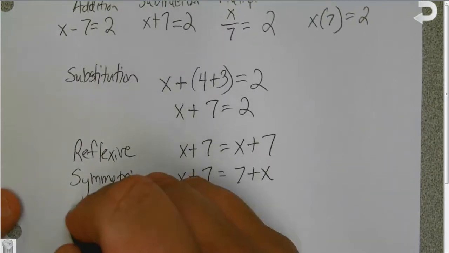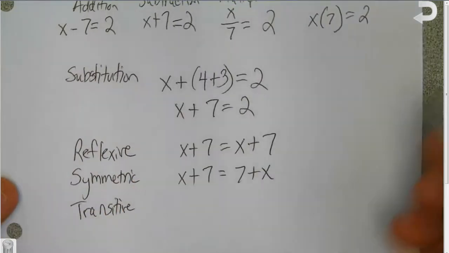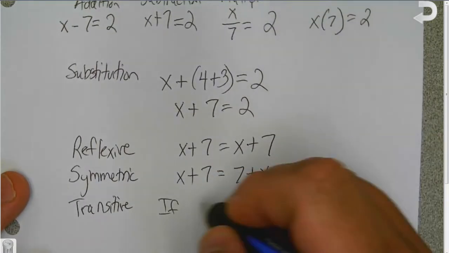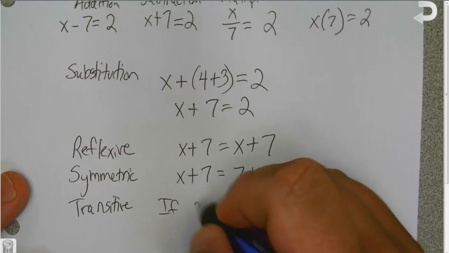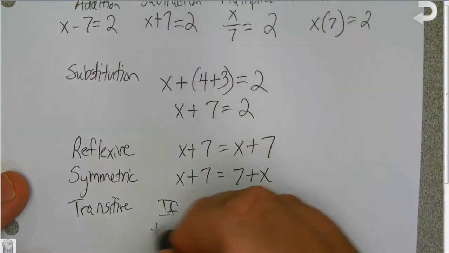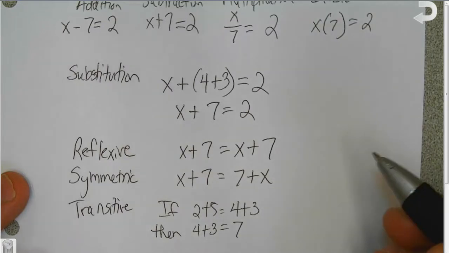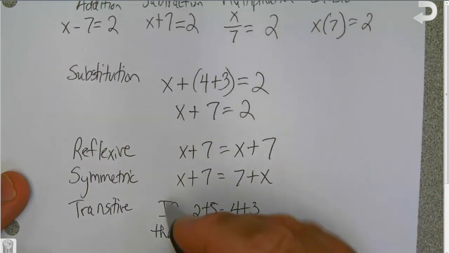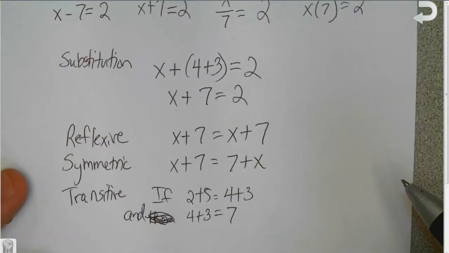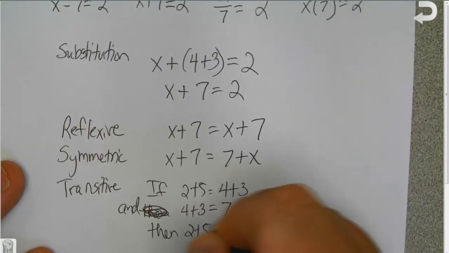And then we also have the transitive property. And transitive property basically is saying if 2 plus 5 is equal to 4 plus 3, and 4 plus 3 is equal to 7, then we know 2 plus 5 is equal to 7.